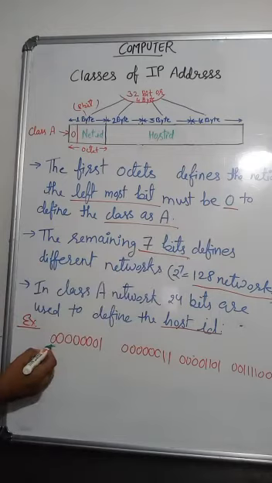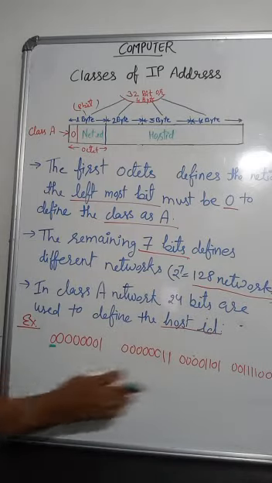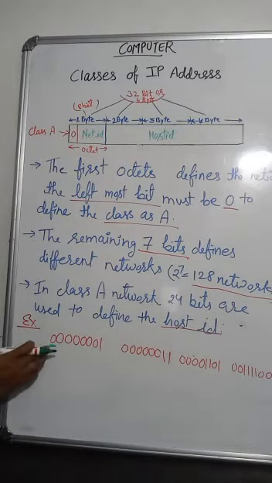So which class is this? Class A. No need to check all the bits; we have to check the first leftmost bit for the class identification. This is class A because the first bit is 0.